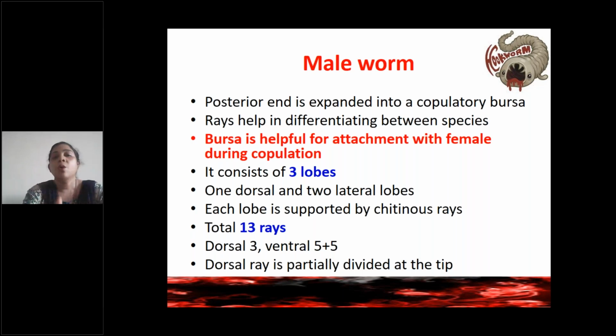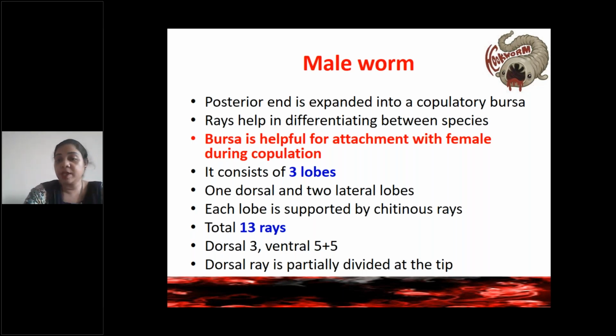In the male hookworm, this is the anterior end, this is the posterior end. This end is expanded into a copulatory bursa, which helps in attachment with female during copulation.